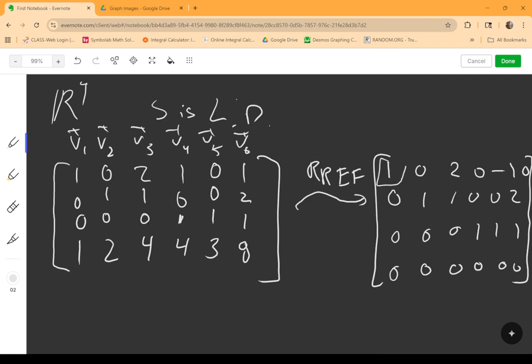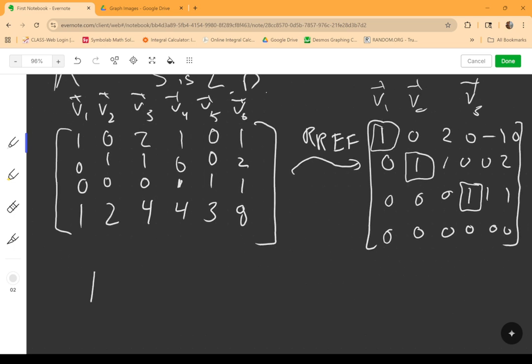So it looks like we have 3 pivots here. Okay, so what Theorem BS states is that, again, these columns, now they're not v1, but they correspond to v1, v2, and v4.